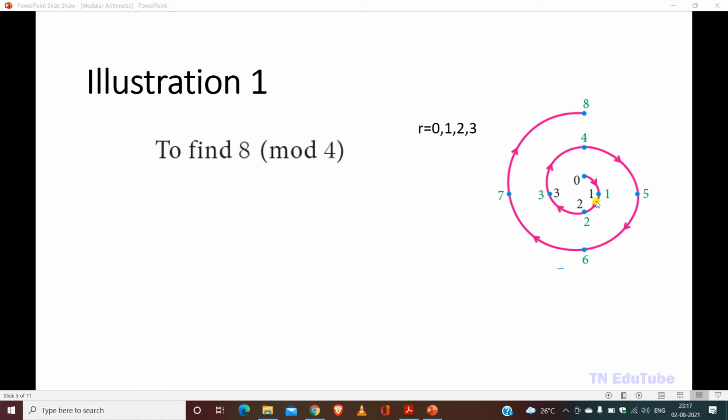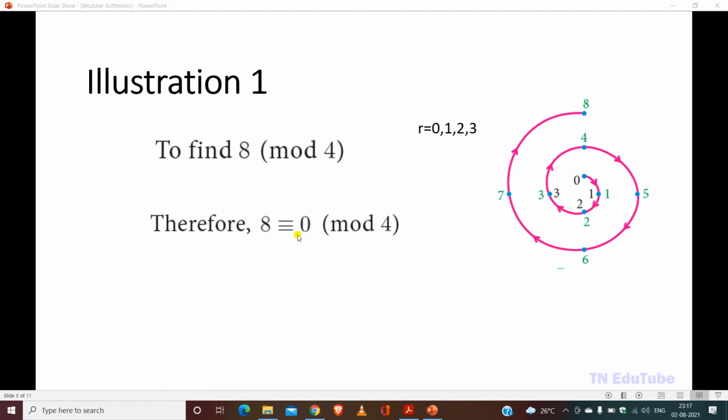So you have to count 8 times. 0 to 1, that is 1. Here it is 2. Then 3. Again 0, 4. Again 1, 5, again 2, 6, again 3, 7, again 0, that is 8. So you get the value of 8.